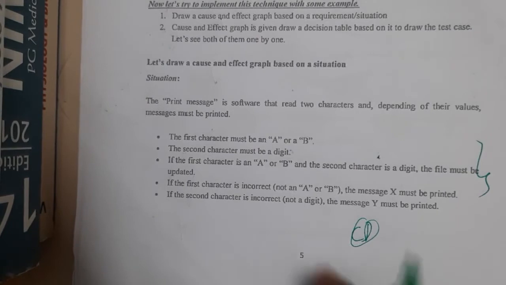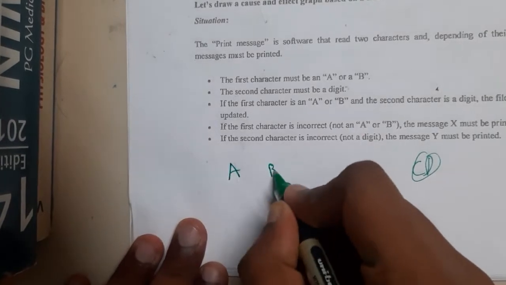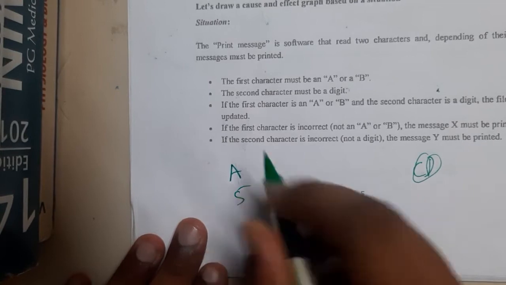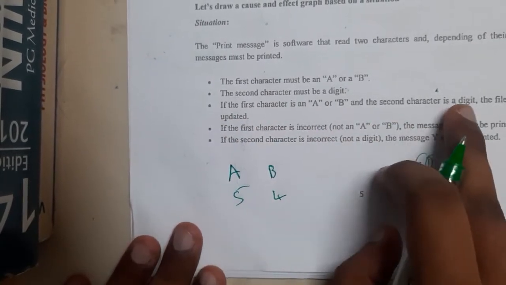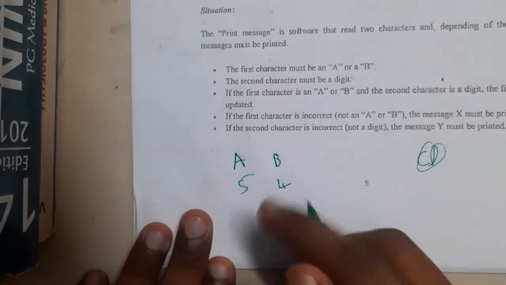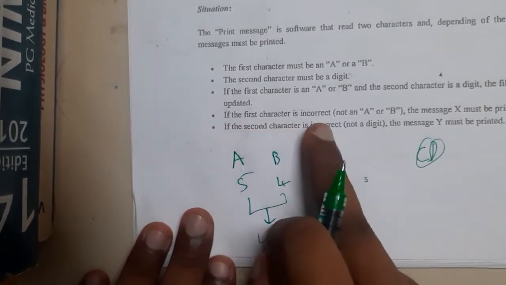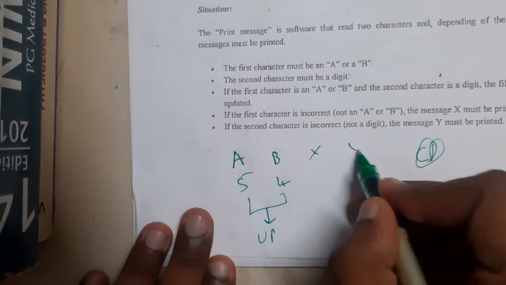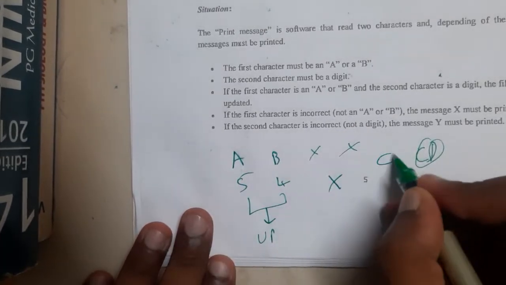The first character must be A or B, and the second character must be any digit, say 5 or 4. If the first character is A or B and the second is a digit, the file must be updated. If the first character is not A or B, print X. If the second character is not a digit, print Y.